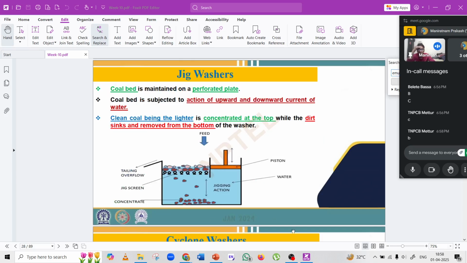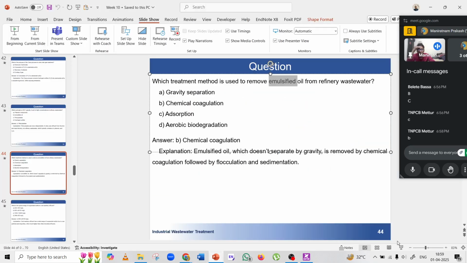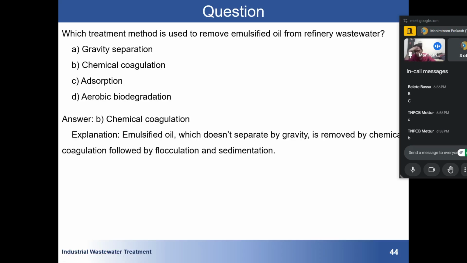It's just written that coagulation flocculation is done, but which type of chemical is used is not written. So the process is very simple: some kind of coagulant we have seen in wastewater. I don't know exactly, but by simple gravity it doesn't separate, but somehow if we merge it, then it can settle down or it can be skimmed off.